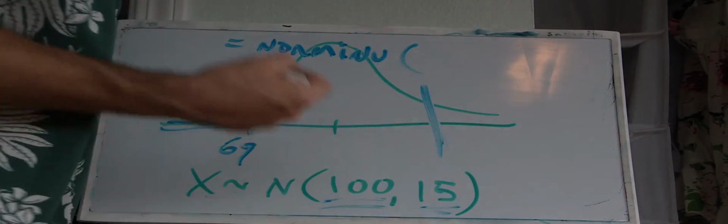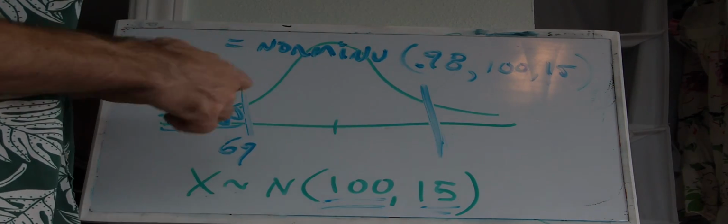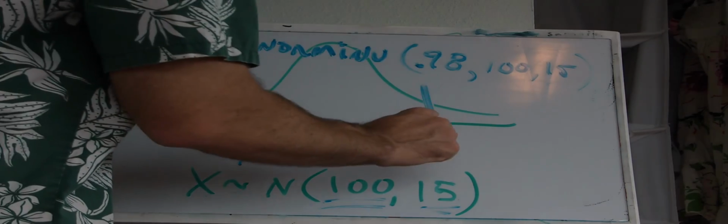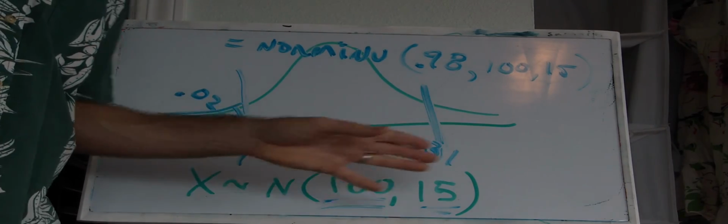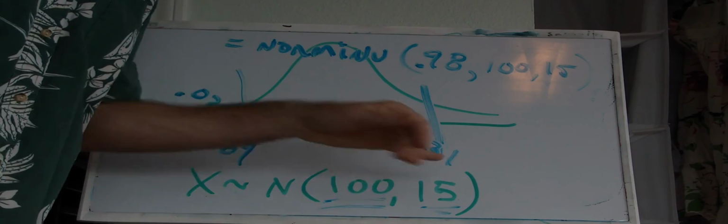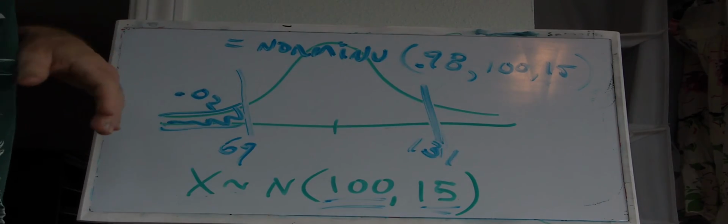So if I want 2% probability to the right to be in the top 2%, that means I've got 98% probability to the left. Then it'll ask you for the mean and standard deviation. And if you put that in, Excel will tell you it's probably about 131. Roughly, it's rounded off. Excel will go to 15 decimal places. I will go to 0 decimal places.